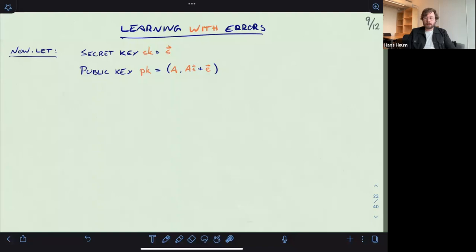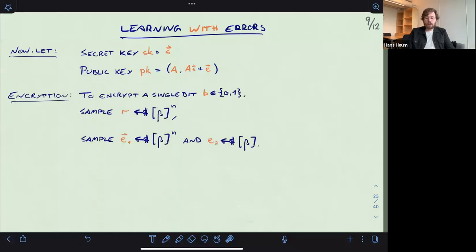Regardless, the crypto system is looking very similar to what we had before. The secret key is this short vector S. The public key is the matrix A and A times S as before, but now perturbed by this small error. And you again want to encrypt a single bit. So you do as before, you sample a vector R, apologies for missing the vector sign, which again has short components within absolute value of beta.